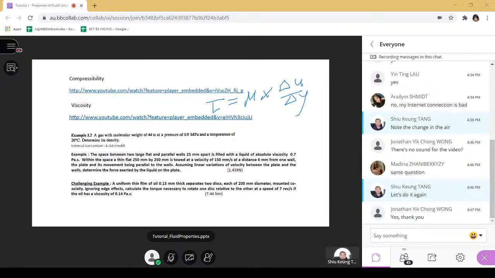This is the equation that we use to calculate the viscous force acting on an object moving in viscous fluids. So we will go back to this equation, a very useful equation.